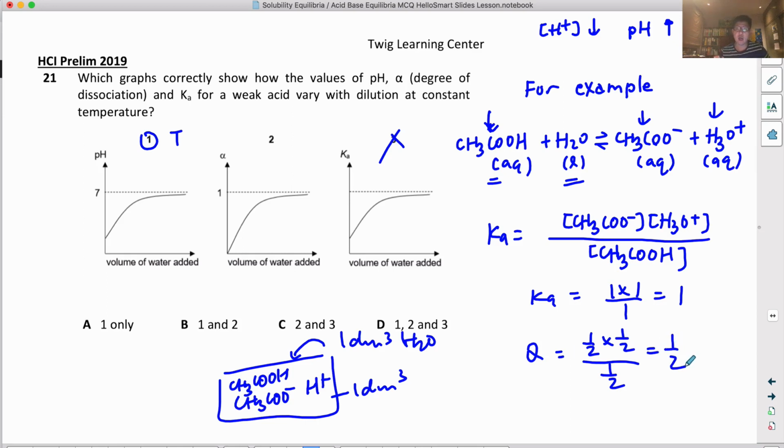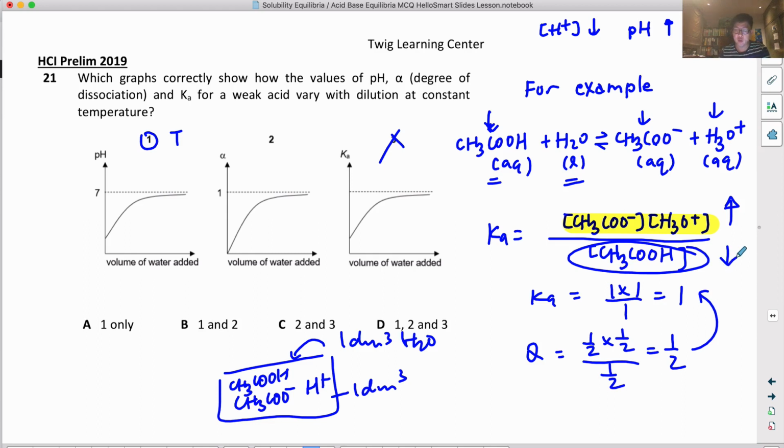Which means the equilibrium position has to shift, because we know that Ka, or Kc, doesn't change. So the half must slowly gravitate towards 1. It must shift until it becomes 1. For that to happen, the numerator must increase and the denominator must decrease.